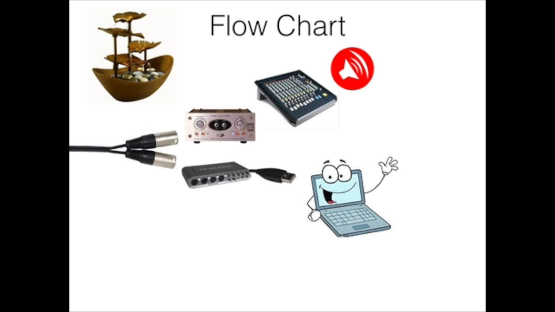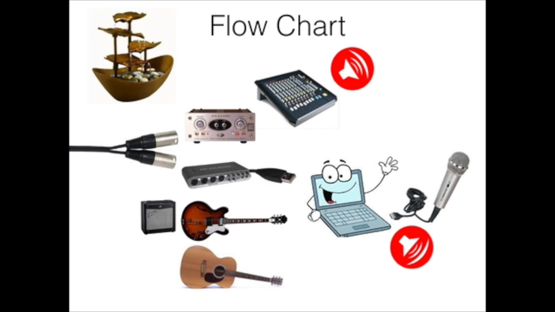And so that USB interface is changing that physical audio sound into ones and zeros that the computer can understand. And then you could have your sound come out of your computer. So another way that you can get sound into your computer is with a USB microphone, a microphone that plugs directly into your computer.